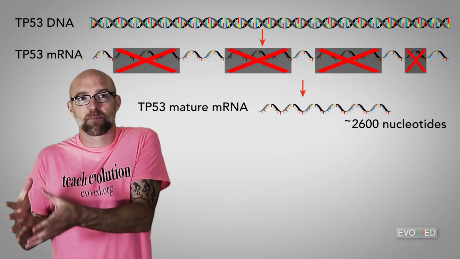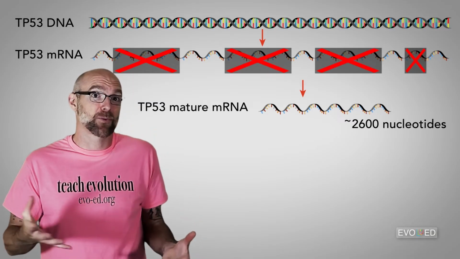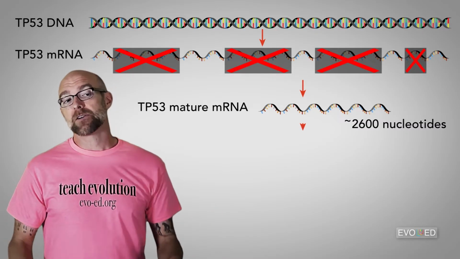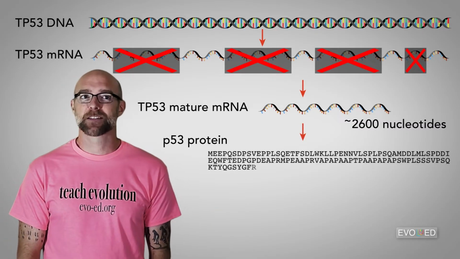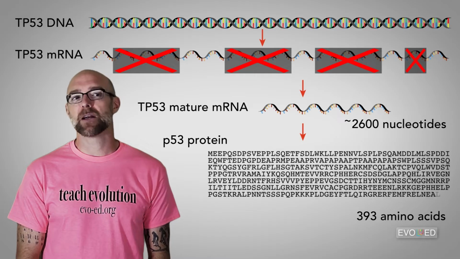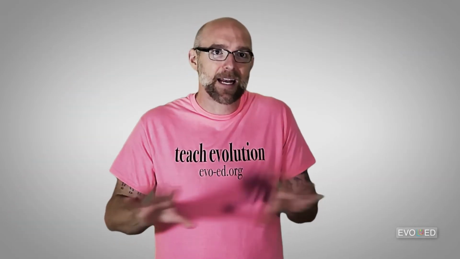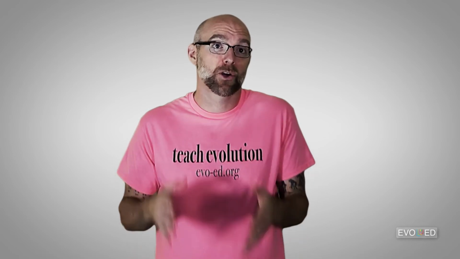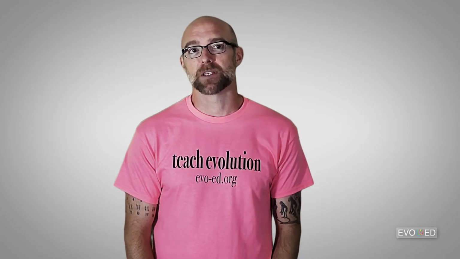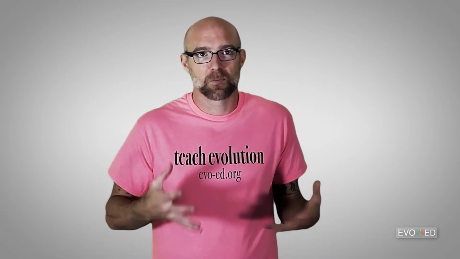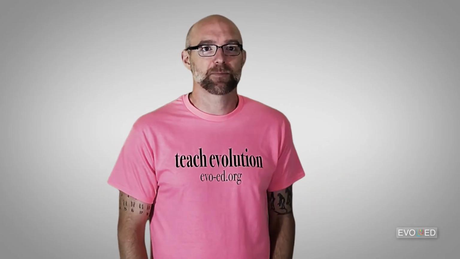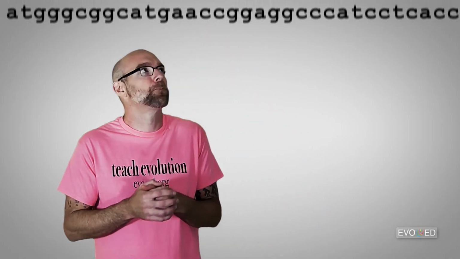Then, once the 5' and 3' untranslated regions are accounted for, it ultimately codes for a protein that's 393 amino acids long. A change to any one of the coding nucleotides could change the amino acid composition of the resulting protein. So let's take a look at some examples of mutations that could occur.